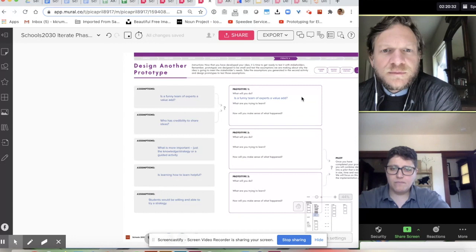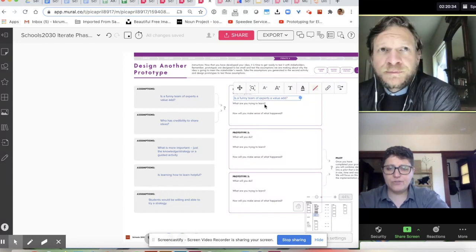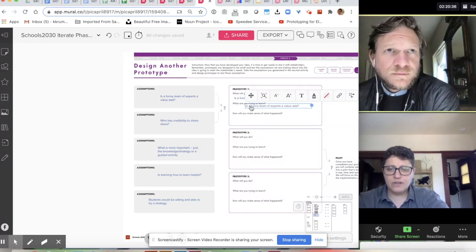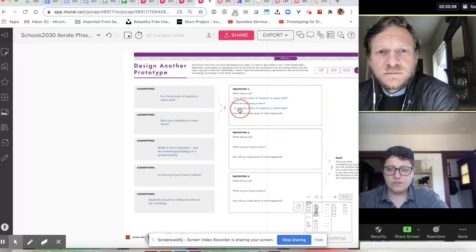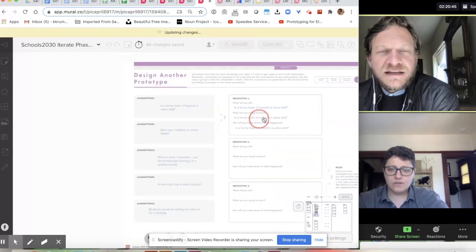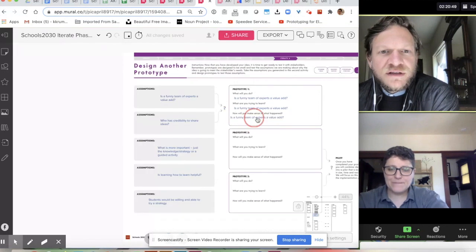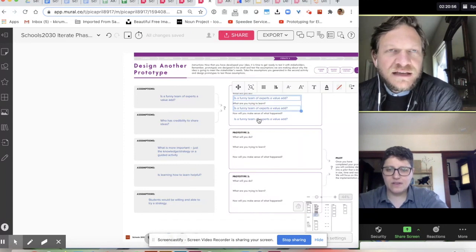Okay, so to test those first two ideas, what should we do? I wonder if we create a team of characters from stock photos and create some names and personalities.